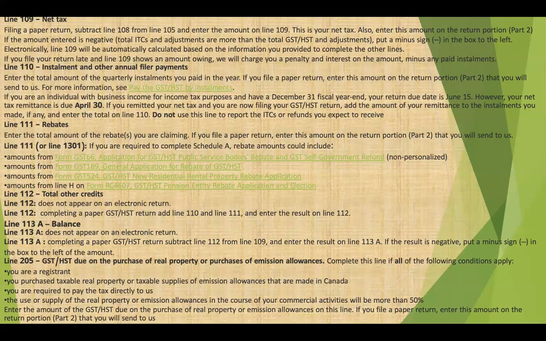Line 111, rebates. You enter the amount of the rebates you are claiming. If you file a paper return, enter this amount on the return portion that you send to CRA.